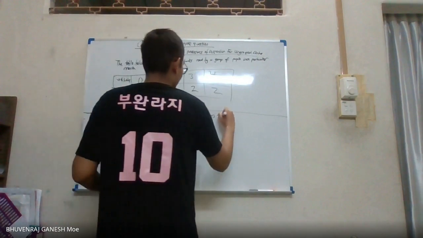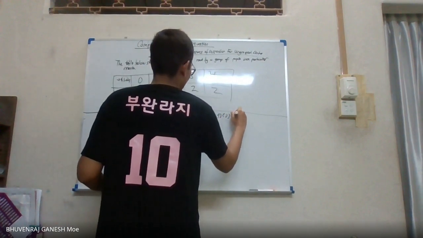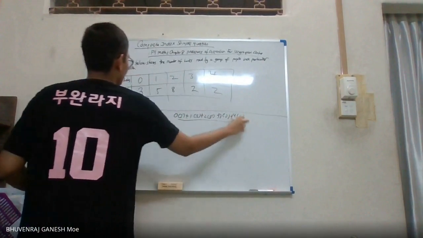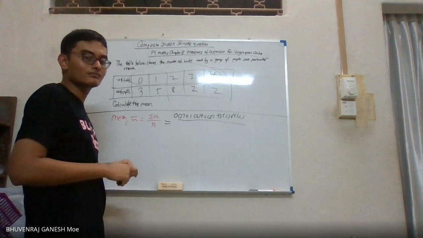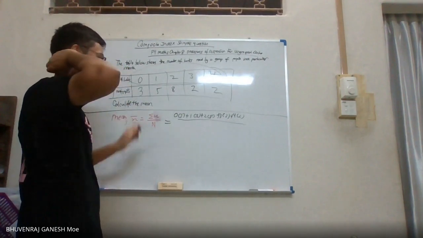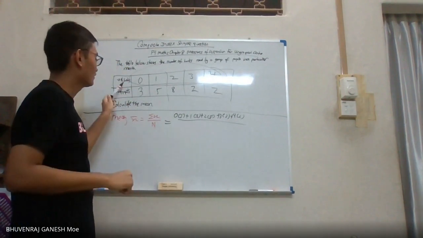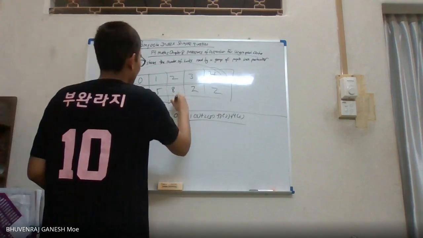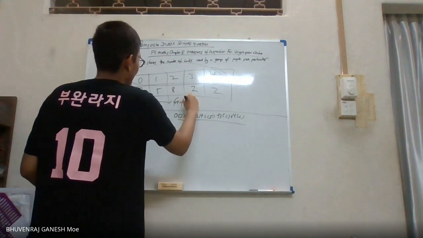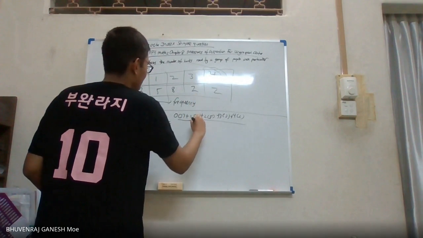You multiply everything, and then sometimes don't get confused on top here. Don't take this value instead. Sometimes people might make a mistake by taking the number of books, because number of books is actually the thing we want to investigate. The number of pupils is actually the frequency. So always remember, put the frequency down here.